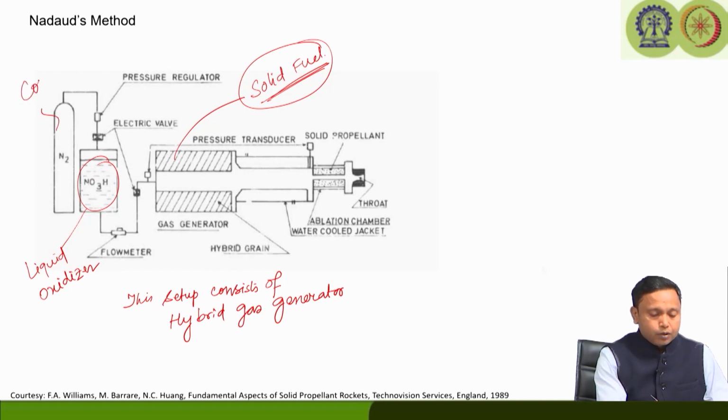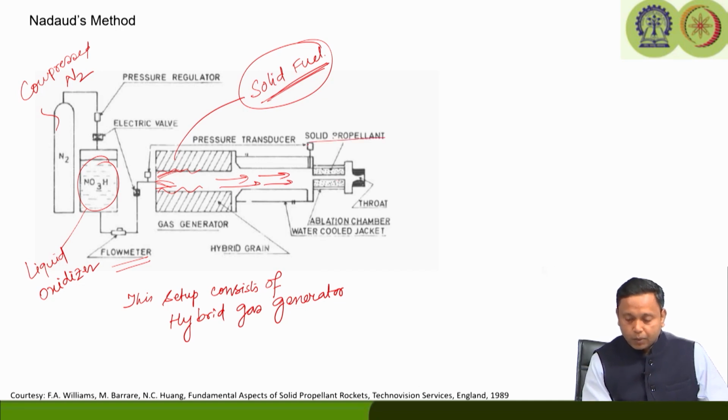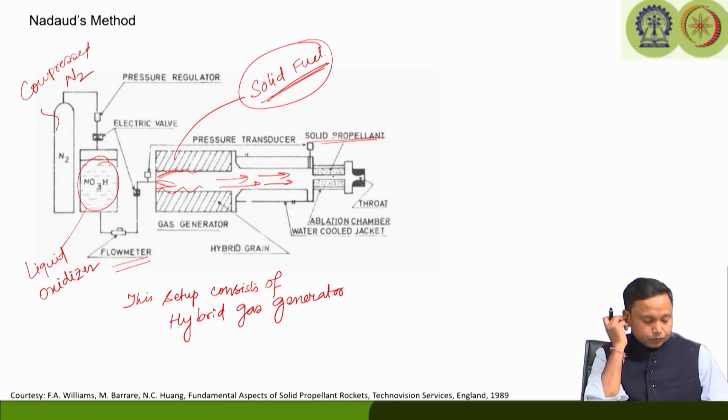You can see the compressed nitrogen pressurizing the liquid tank, and the flow rate is controlled by valves and measured by this flow meter. It goes here, it is sprayed here, and they burn, and the gas passes through, and you can see the solid propellant sample is kept here in this chamber. Here the solid propellant sample is being exposed to the high velocity gas.